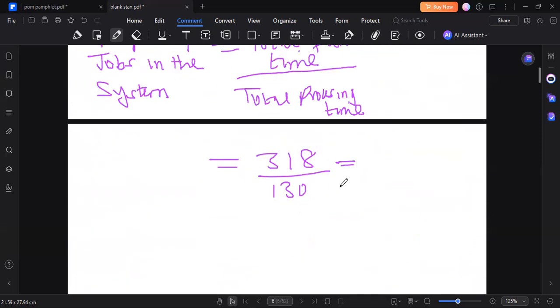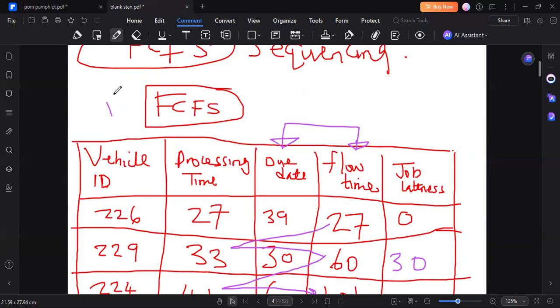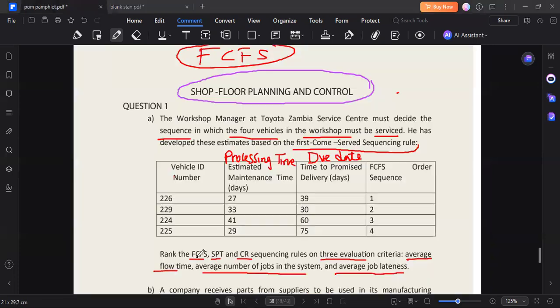So meaning the answer is 2.45. 2.45. So that is the first come, first served table. So let us go to the other one. It was saying rank the jobs, rank the first come, first served. So we are done. Let's go to the shortest processing time.